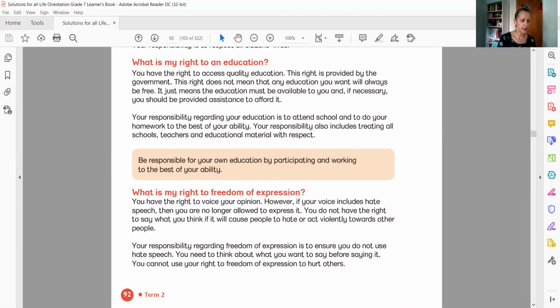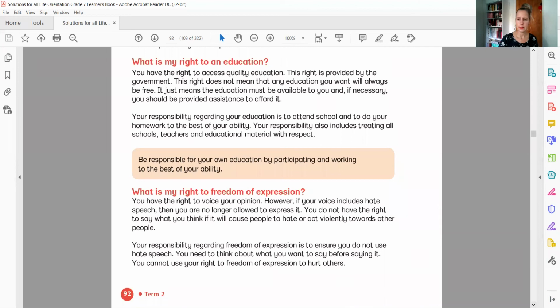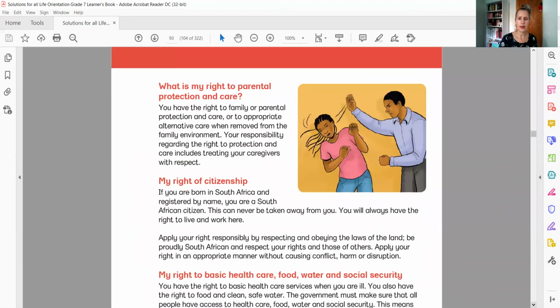I want you to write a sentence that says, number 1, I have the right to, and then you give the right equality, and the responsibility to, and then you give the responsibility that matches with your right to equality. Okay, then I have the right to freedom of expression and the responsibility to, and then just in that one sentence, explain your responsibility. So I'll need you to read through these rights, and then just your summary will be a sentence for each.